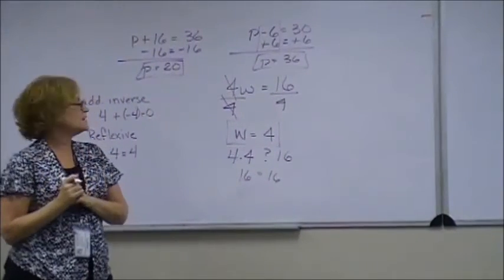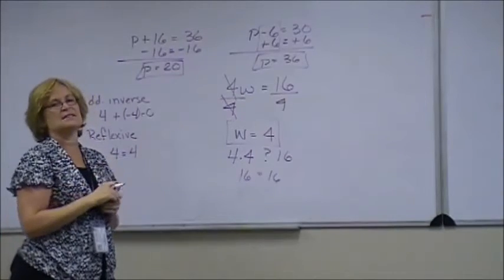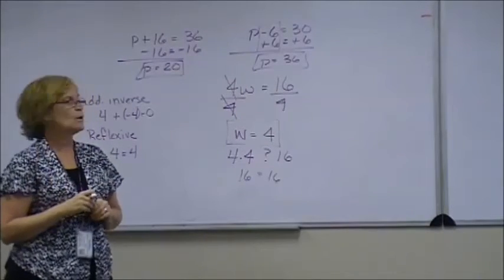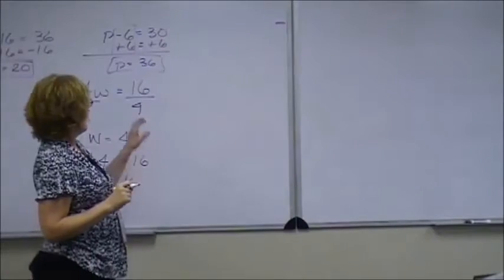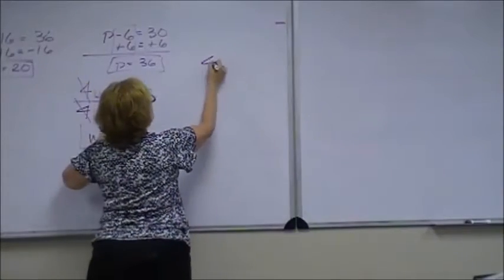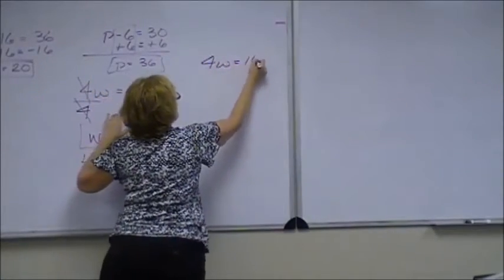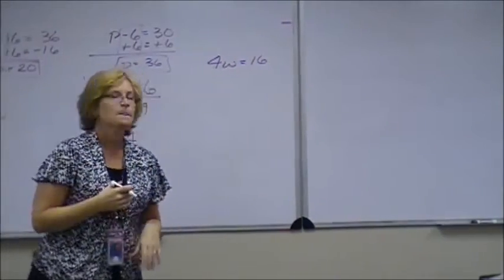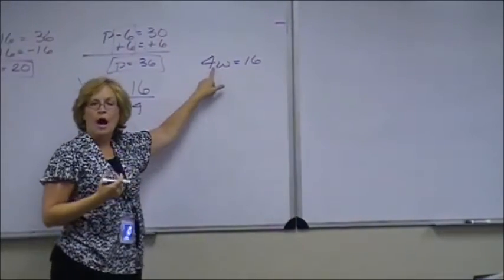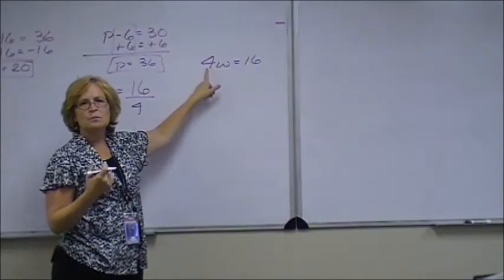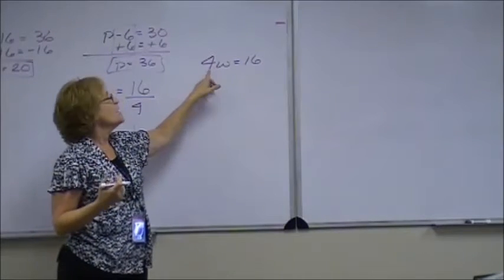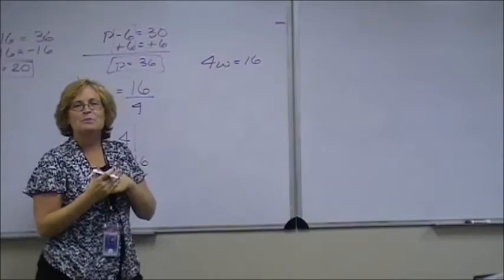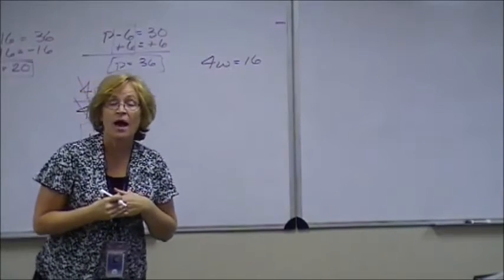Now this is where it gets a little tricky, because which property is that? Let me show you what I'm talking about. Okay, I'm going to rewrite this equation, 4w is equal to 16, and I'm going to show you how I'm really using the property. I want this to be 1. So what do I have to multiply by? What do I have to multiply 4 by to get that to be 1?